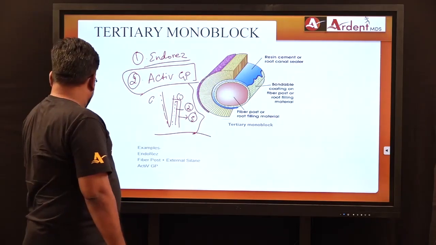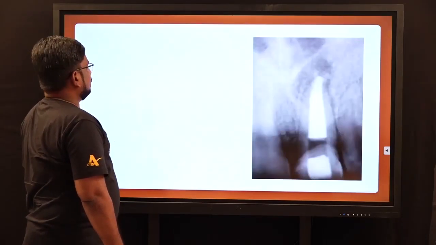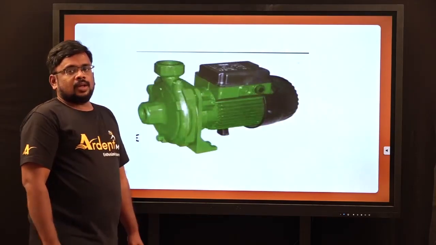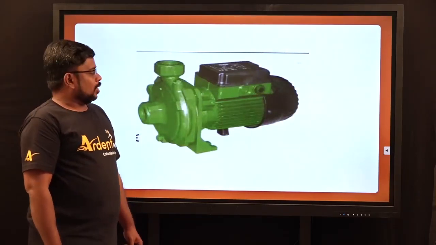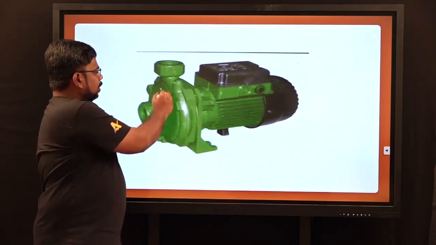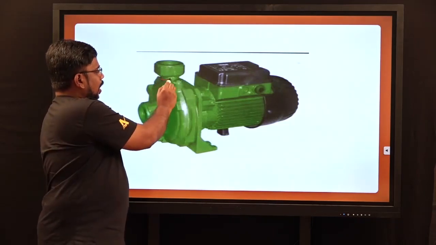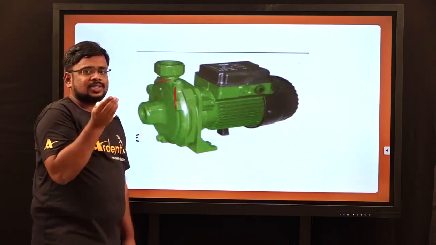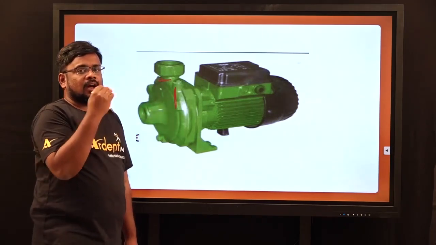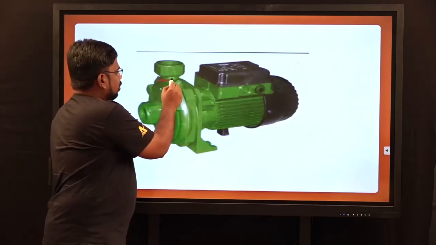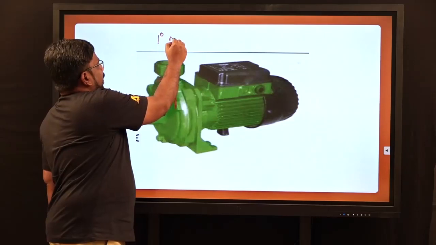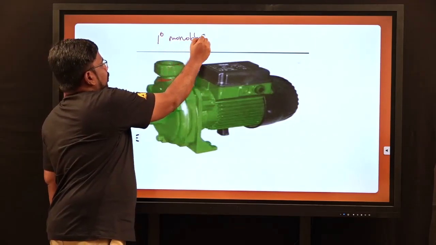They have given a new concept called primary monoblock mortar. The primary monoblock mortar is one where both the pipe and the mortar form a single unit. There is no junction, no connecting part between the pipe and the mortar. So this is called primary monoblock mortar.